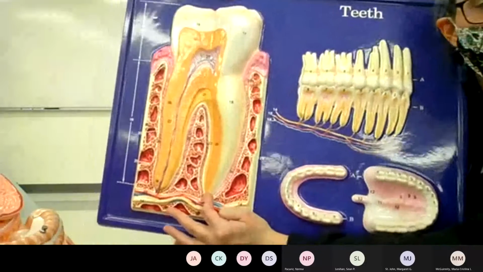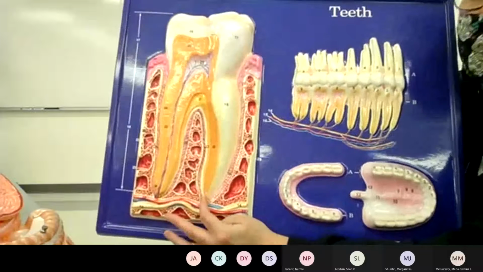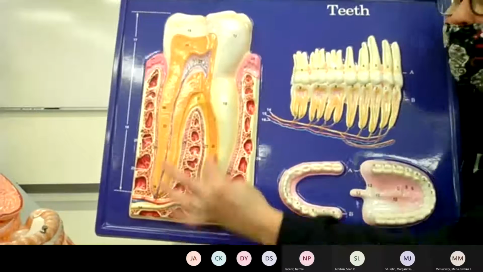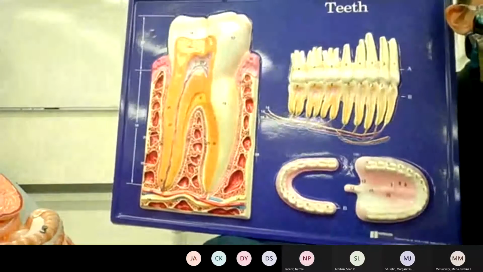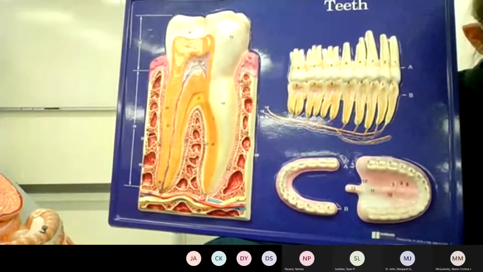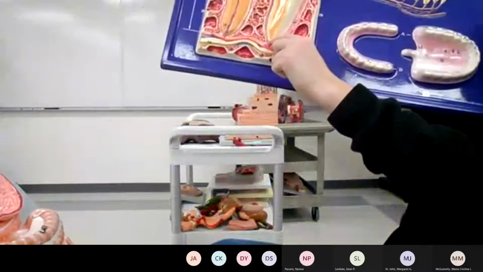So the tooth is a bone. The hole in the tooth that allows blood vessels, nerves, and lymphatic vessels in and out to make their way to the pulp cavity is known as the apical foramen. So remember, holes in bones are named foramen. Okay? The little hole at the bottom.